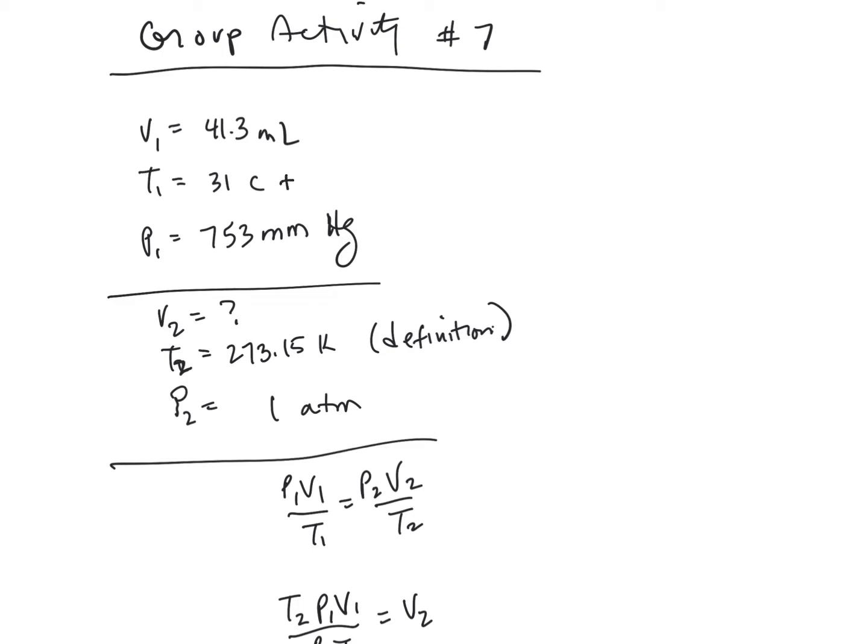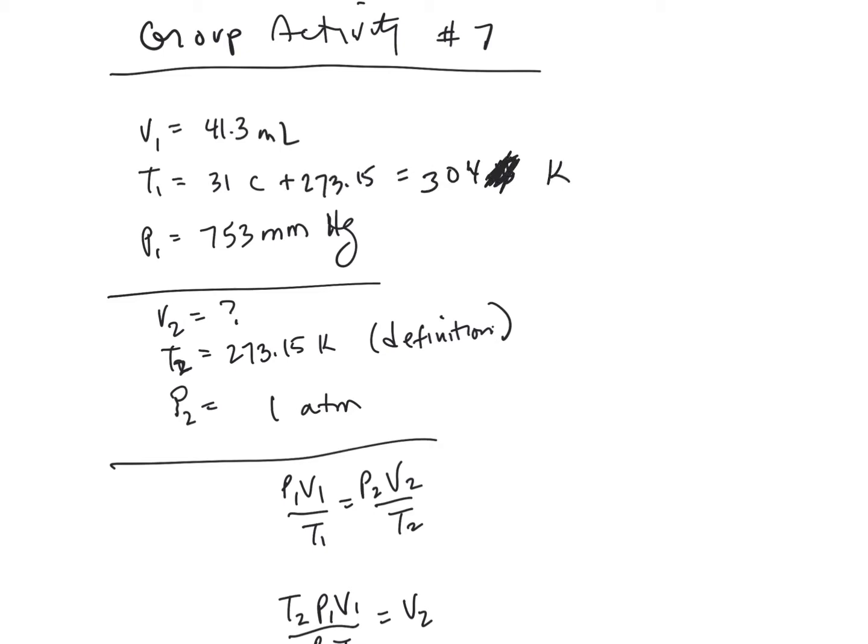So you want to add 273.15 to get the Kelvin degrees. 31 plus 273 is 304, and 0.15, you don't even need that, 304.15 Kelvin.